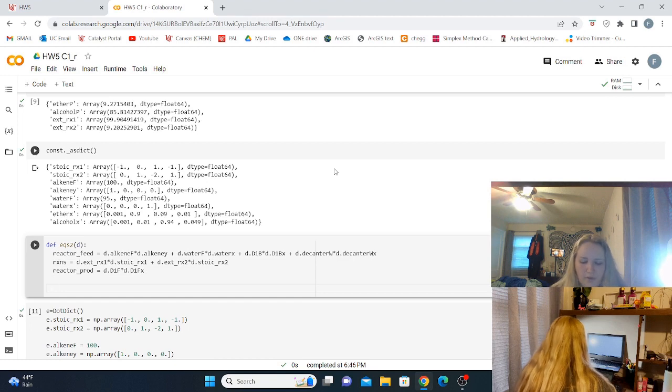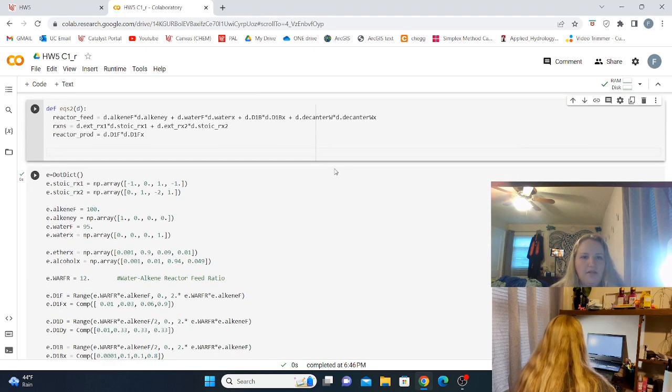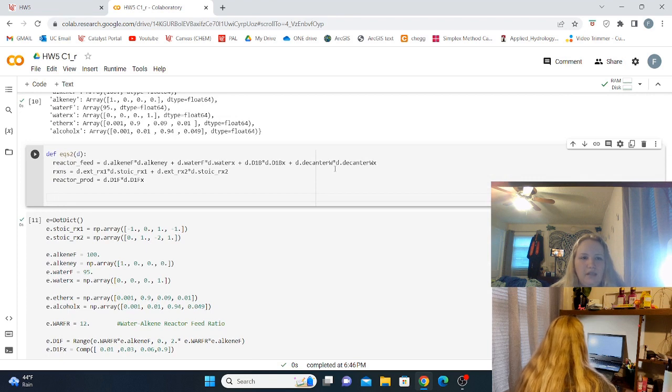Now we have to put in the equation for our water alkene reactor feed ratio constraint. Let's abbreviate that WARFR_constraint.